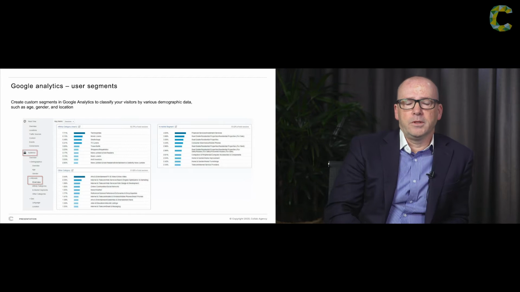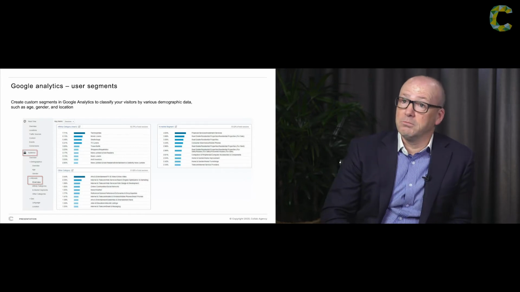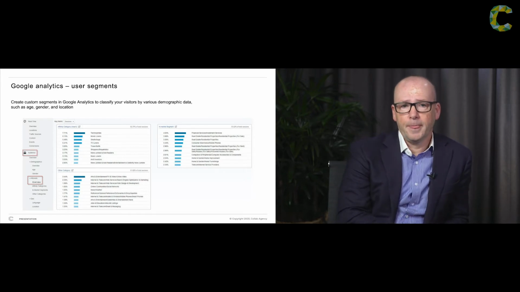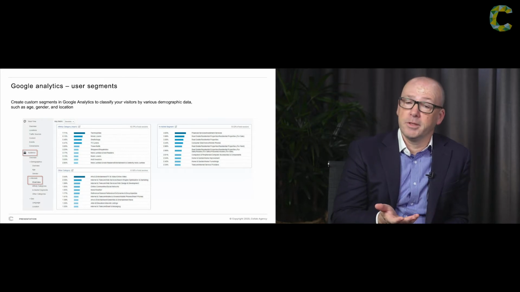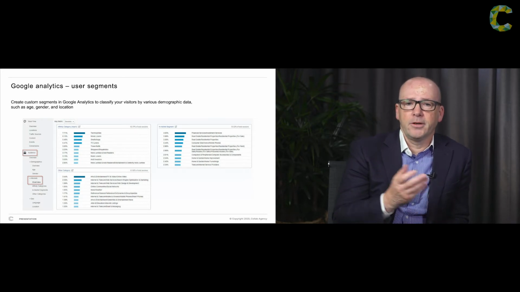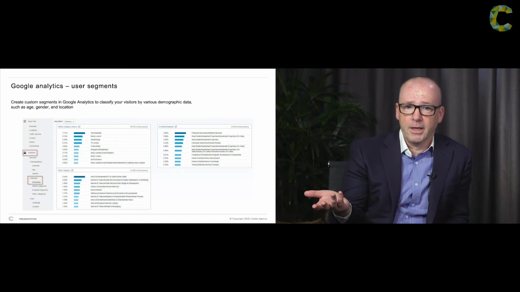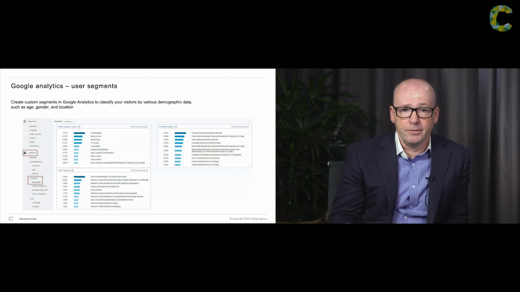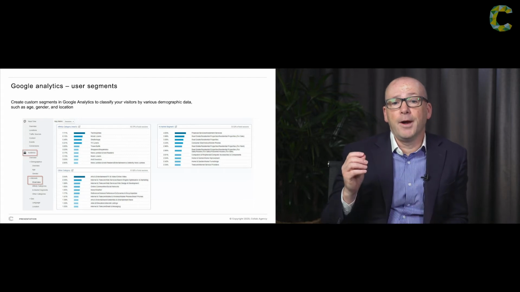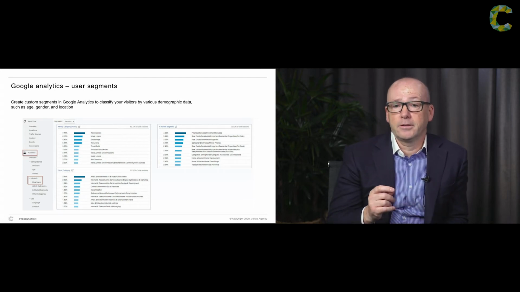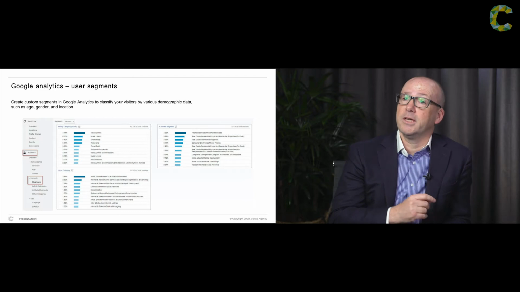So I wanted to start with Google Analytics, which most people have installed on their website. And you can do some great things with Google Analytics. You can start with looking at user segments. So based on, for example, this example data, we can see that 8% of this fictional website's visitors are identified as technophiles, individuals with a strong interest in technology.